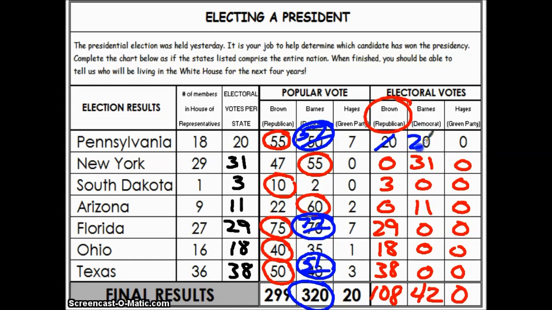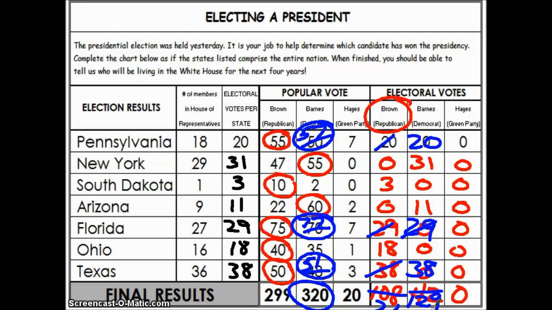These electoral votes then would go to Barnes, and you would have kind of a landslide the other way. Because then Brown only gets 21 electoral votes, and the rest go to Barnes, who would then win the election.